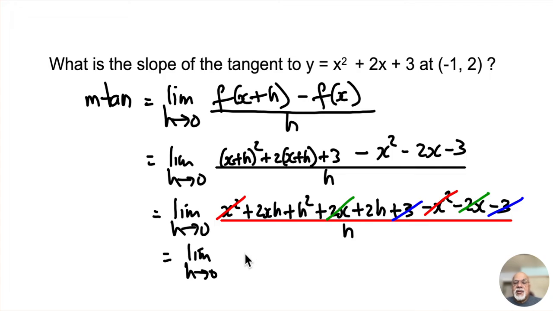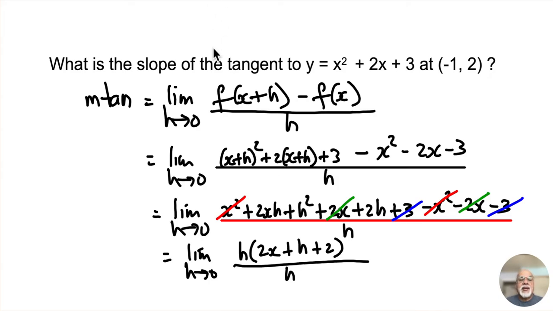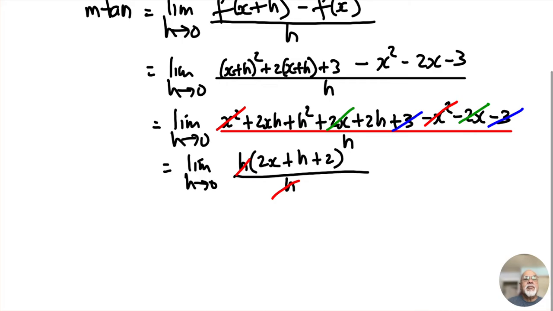So if I factor out the h from all the terms that survived in the numerator there, we end up with h times 2x plus h plus 2, then everything else is gone, all over h. And then these h's cancel.